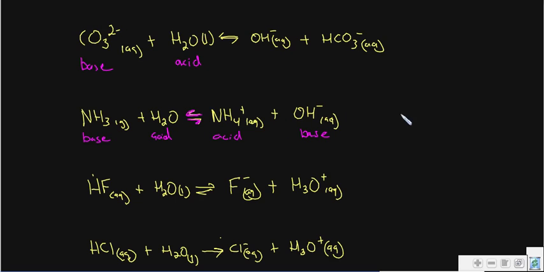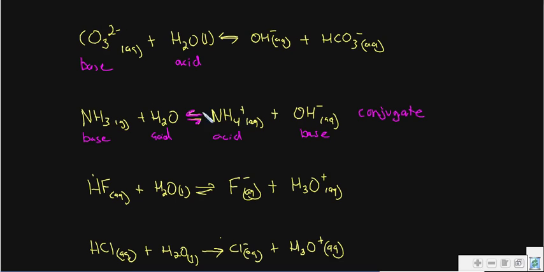And so we have the idea of conjugate pairs. A conjugate pair is simply two substances in a solution that differ by a hydrogen ion. Look at ammonia and the ammonium ion.